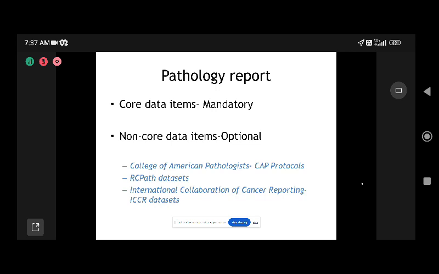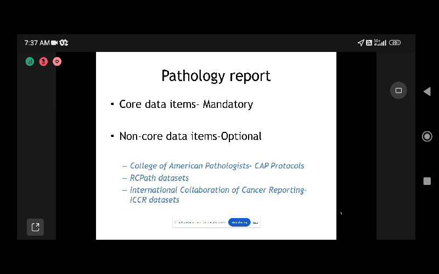Now we come to the pathology report, and when we deal with oncology specimens, we mainly follow some protocols, and most of the protocols are in alignment. We usually follow the CAP protocols or the Royal College of Pathologists data sets. And these are unified with the International Collaboration on Cancer Reporting, the ICCR data sets.